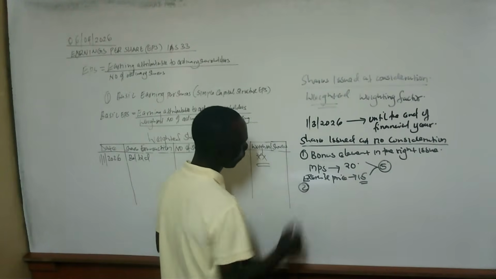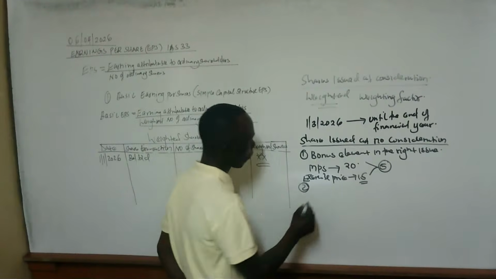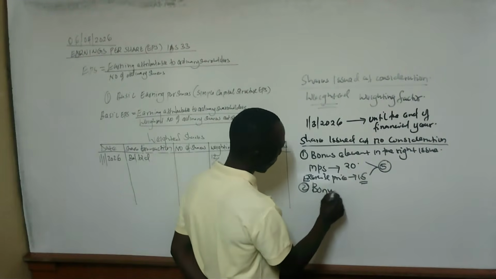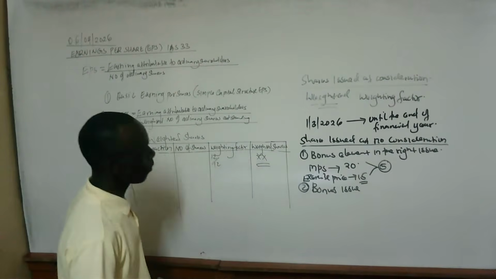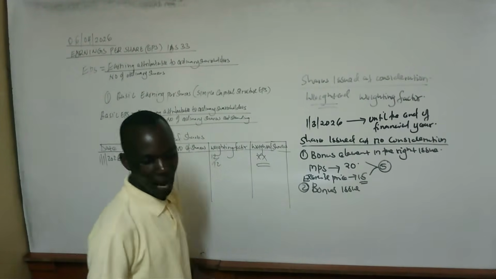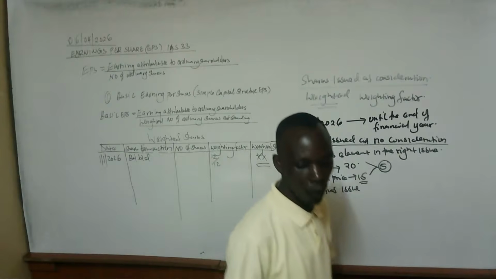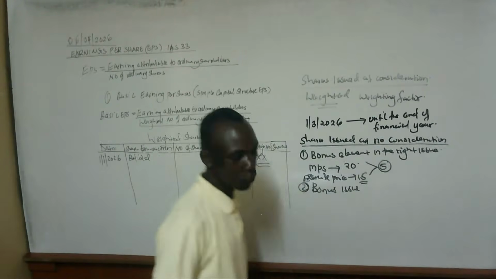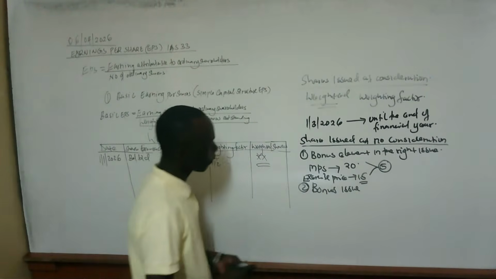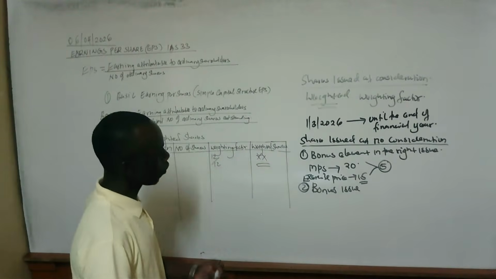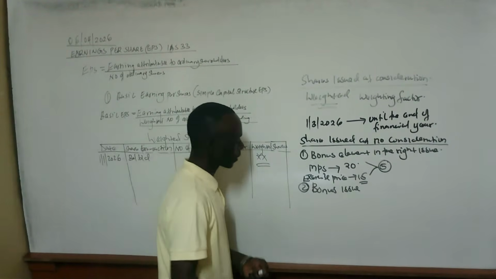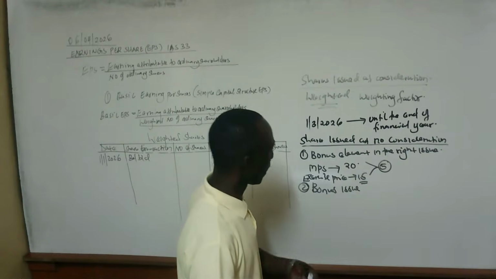Then number 2, we talk about the bonus issue. And when we talk about the bonus issue, these are those shares which are issued for free. For example, whereby the existing shareholders are going to be given extra shares for nothing in return.